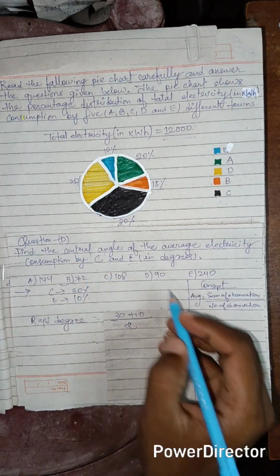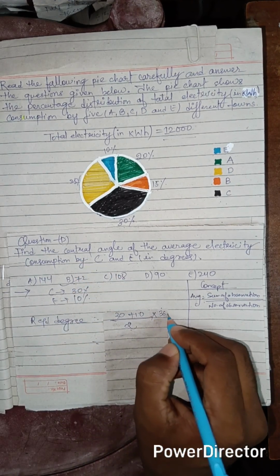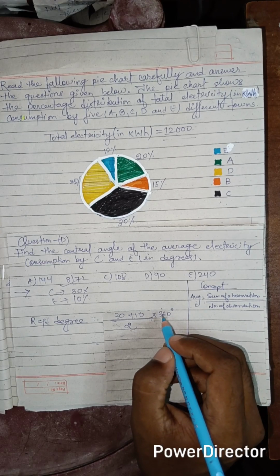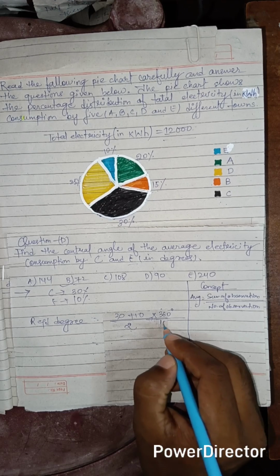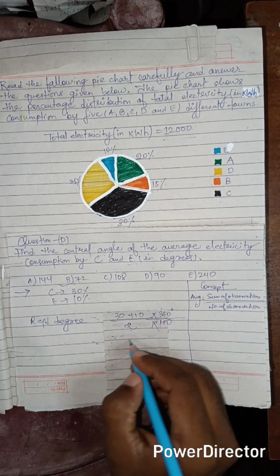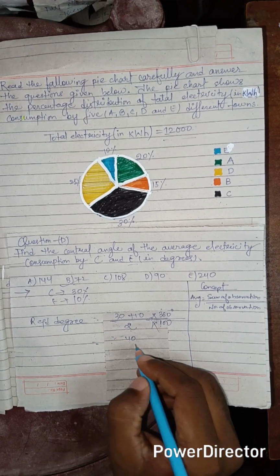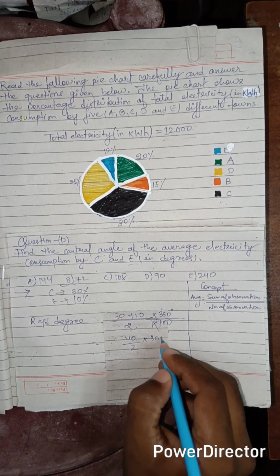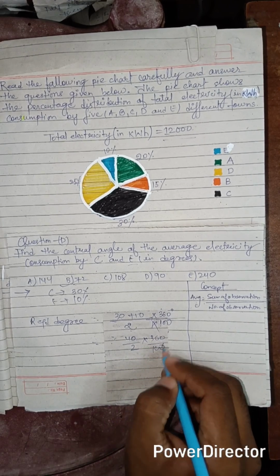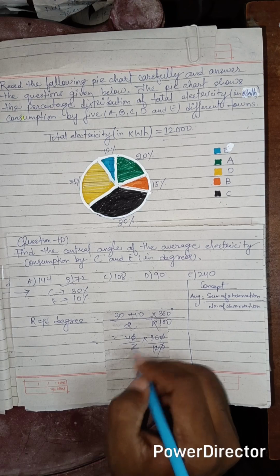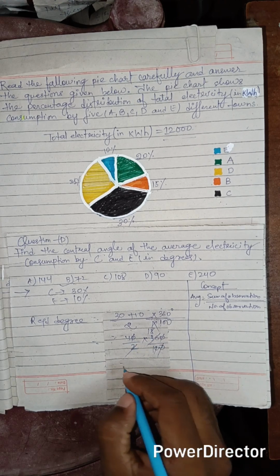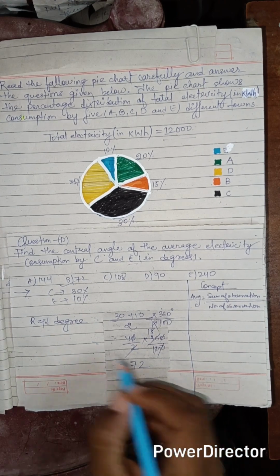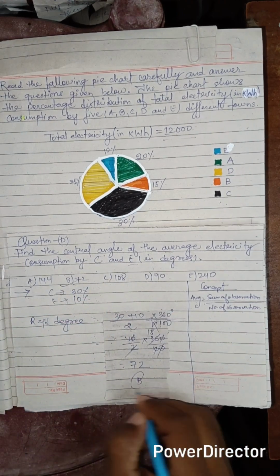We have to find the central angle, so we multiply it with 360, and the value is given in percentage, so we put 100 in the denominator. So 30 plus 10 is 40, by 2, multiplied by 360 by 100. Zeros cancel. 2 divides 36, 18 times 4 is 72. 72 is in option B, so option B is the right answer.